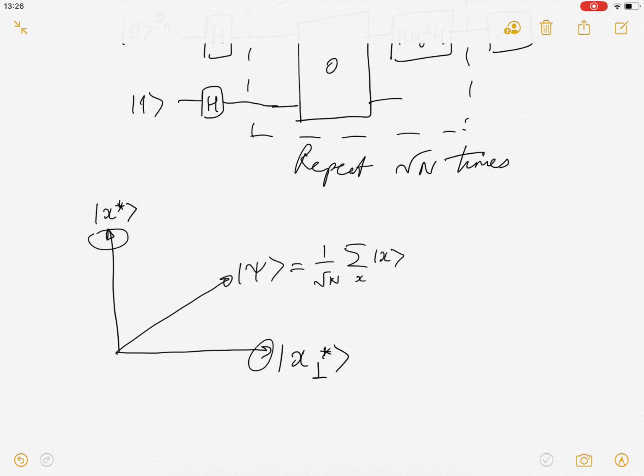Any general vector can be represented in this two-dimensional vector space in the trigonometric form, say phi of theta, can be written as cosine theta x perp star plus sine theta x star.